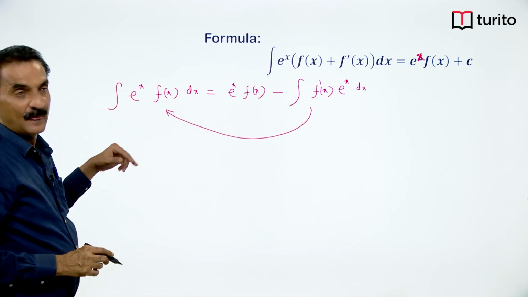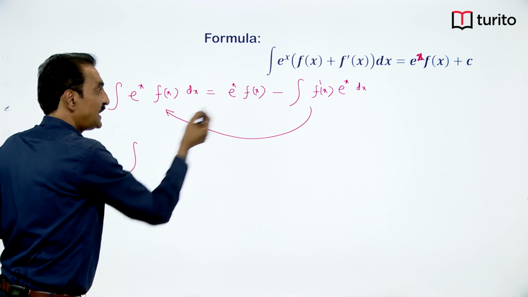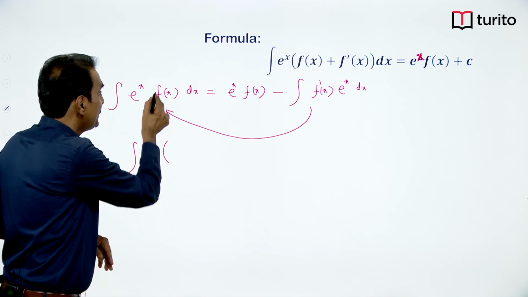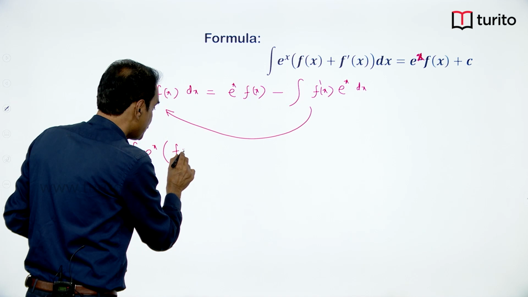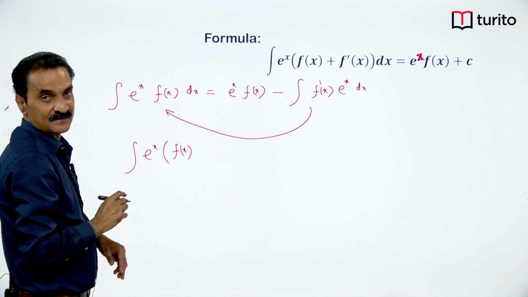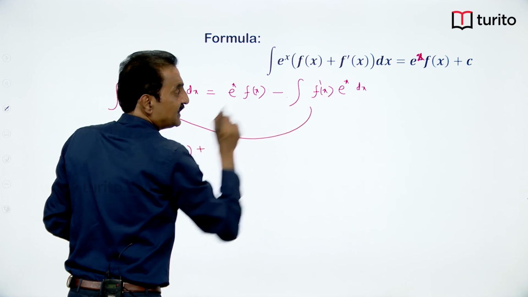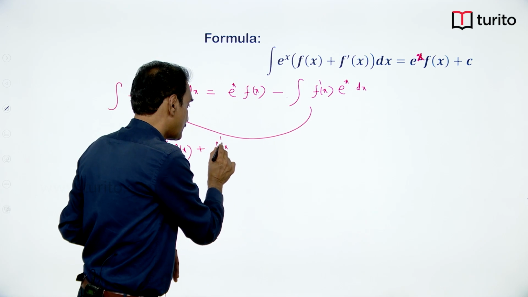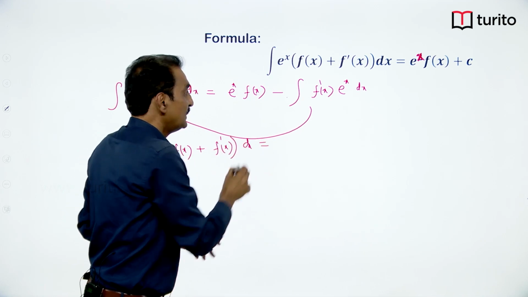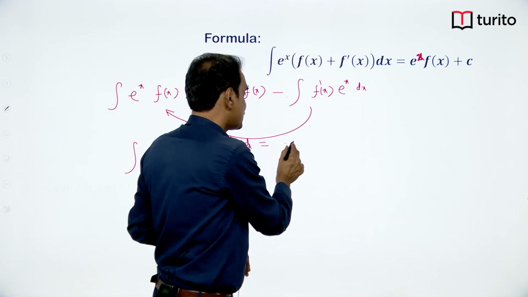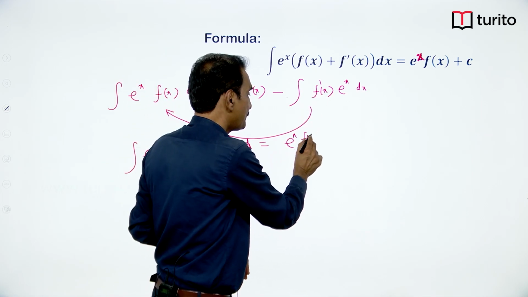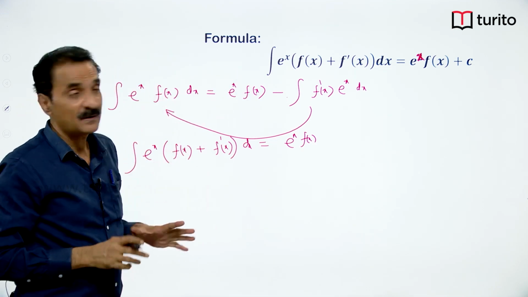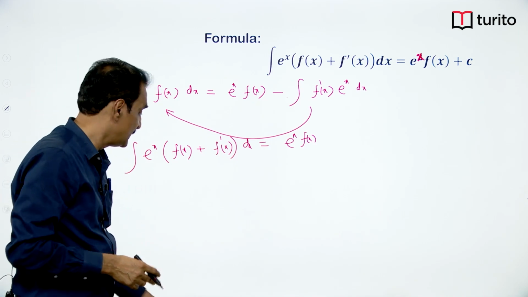If you take it this side, then both are integrals, e power x is common, e power x into f of x, this minus becomes plus, plus here remaining is f dash x, is equal to e power x f x. So, this is the formula which we are going to use in integration by parts.